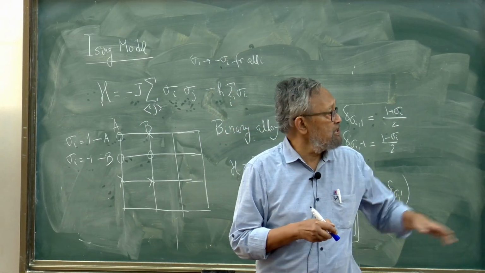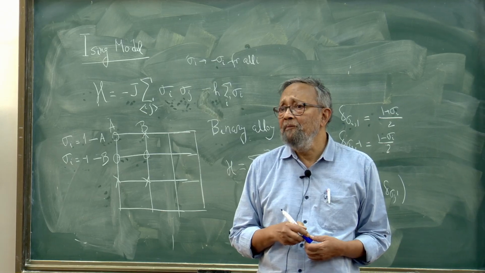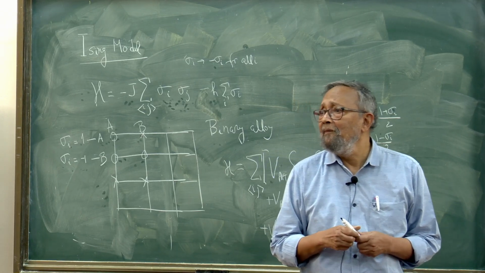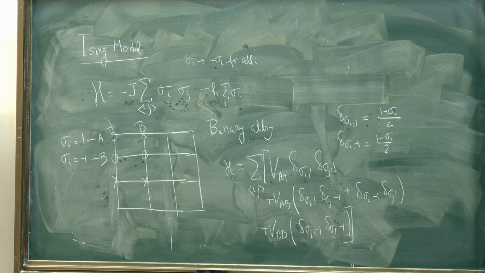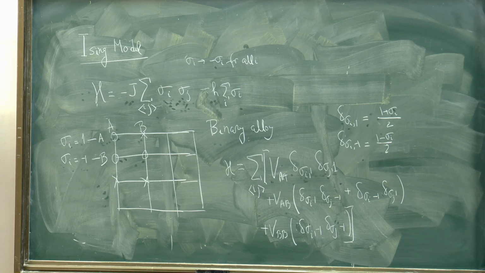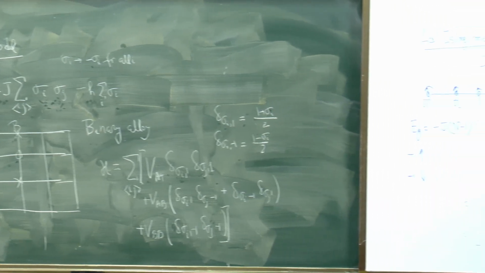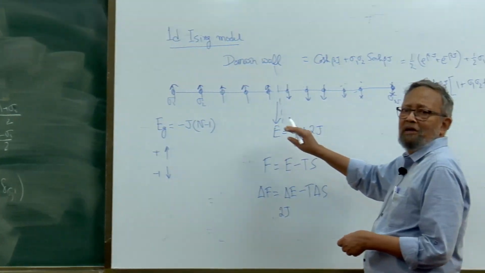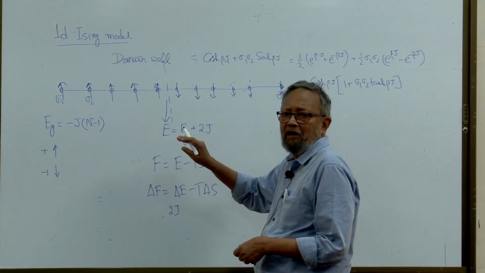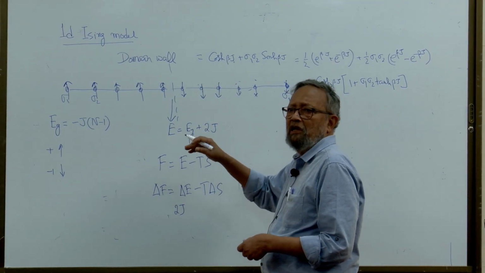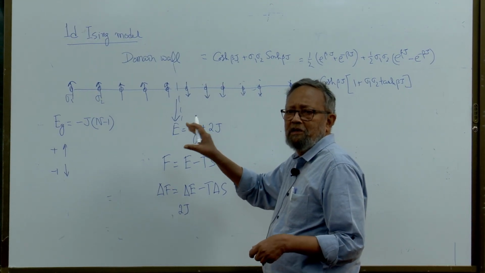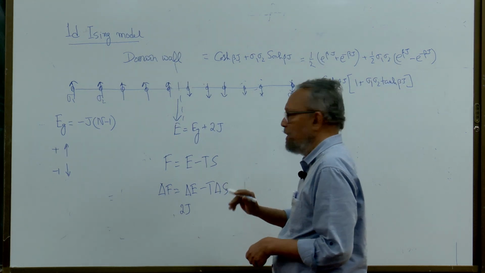But the entropy of this manifold of excited states is going to be what? There are n-1 different such states, which have the same energy, so the multiplicity is n-1. So entropy is basically k_B times log of the number of states with that particular energy.